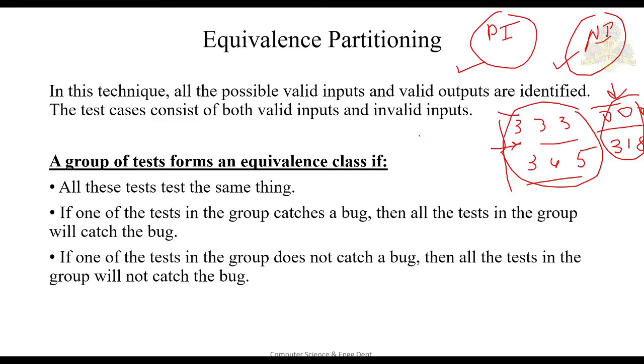Say suppose the username is John and the password is Mary 123. If this is a correct username and password, then whenever you carry out the testing, if you give this username and password, the login has to be successful.